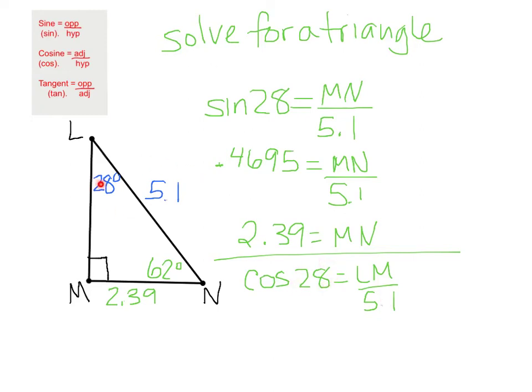If I solve that in my calculator, which I know you know how to do, times 5.1, you get 4.5. So LM here is equal to 4.5. And that's how you solve a triangle.